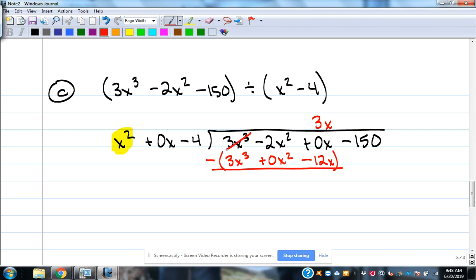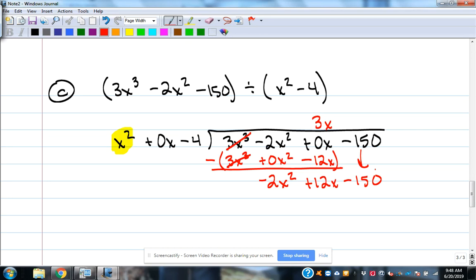Well, x cubed, bye-bye. Negative 2x squared minus 0 is still negative 2x squared. 0 minus negative 12, that's a positive 12. Double negative, turned it to a plus 12. And then we're going to bring down the minus 150.